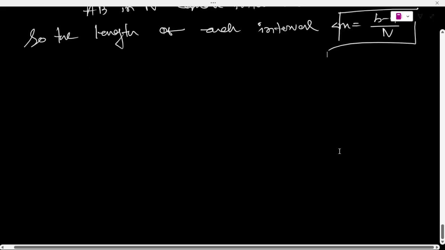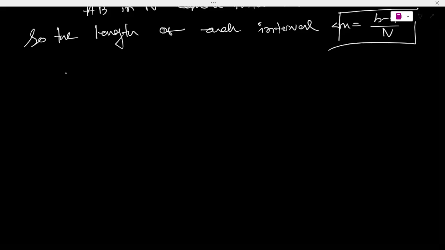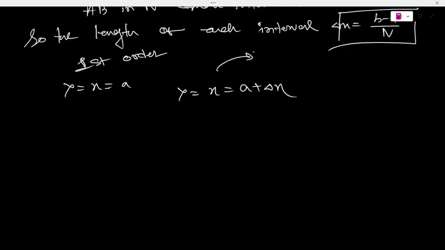The height of the first shaded bar is y at x equal to a, and the second is y at x equal to a plus del x. This is the first ordinate and this is the second ordinate.